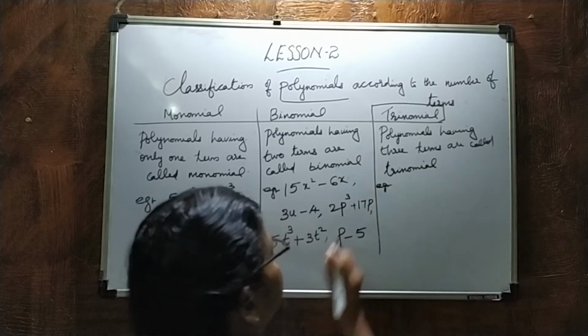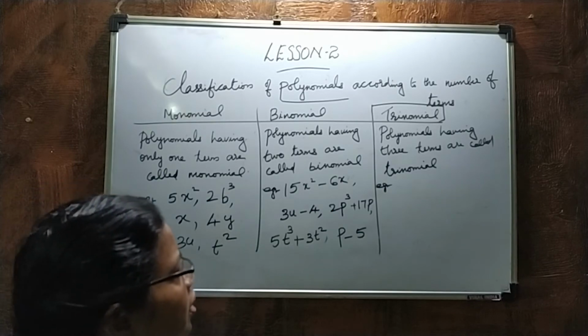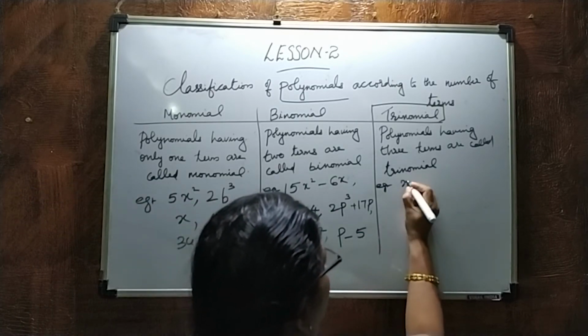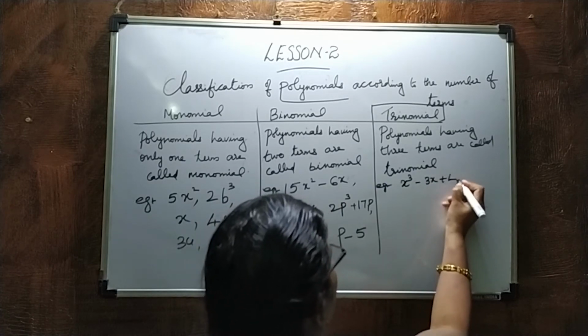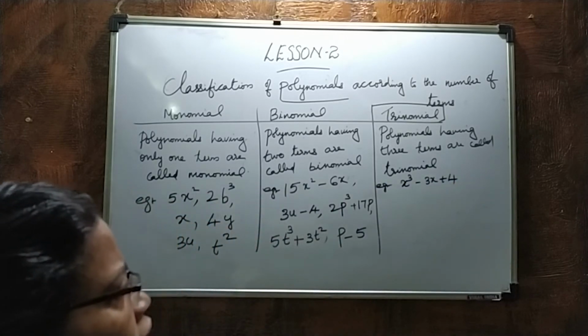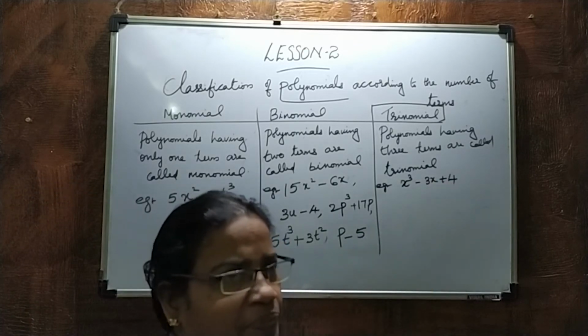Now example: only three terms should be there. Here it is x cube minus 3x plus 4, 1, 2, 3.